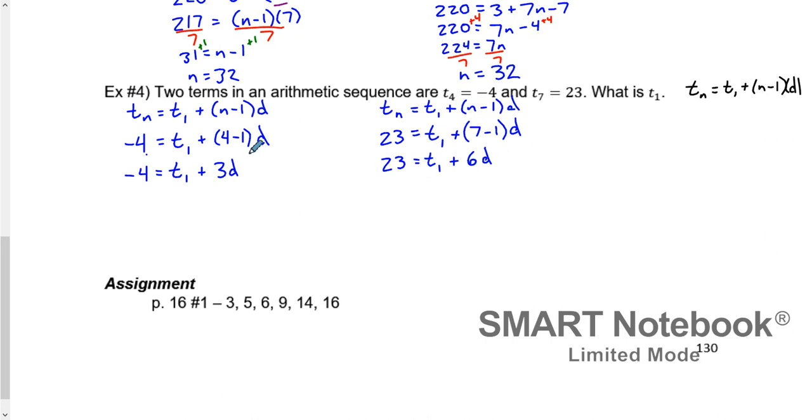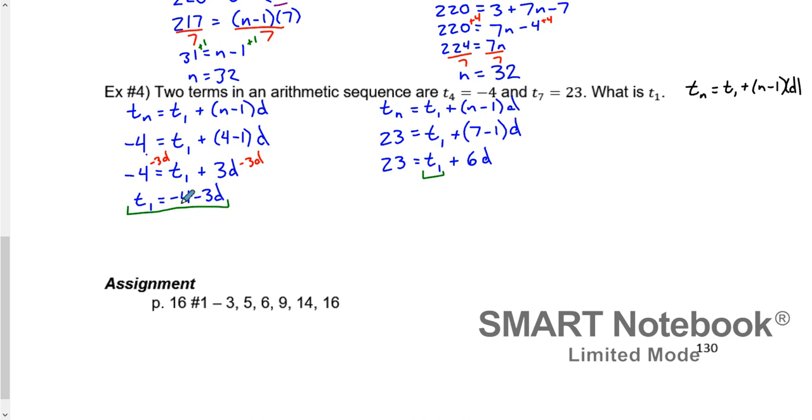What I'm going to do is subtract this 3d. So term 1 is the same as -4 subtract 3d. So where is that going to come into? This can now be put right into there.